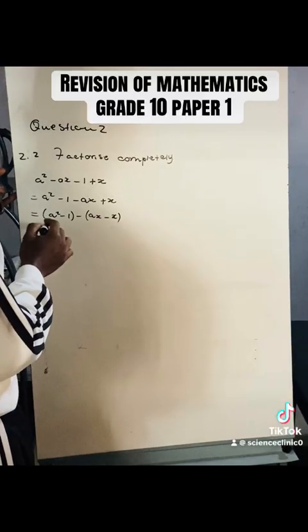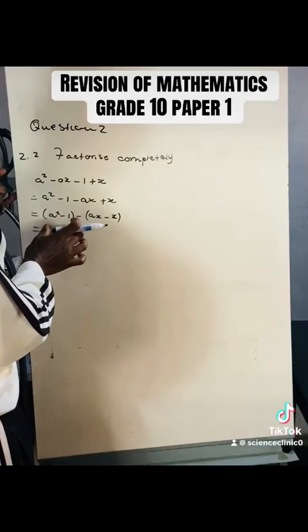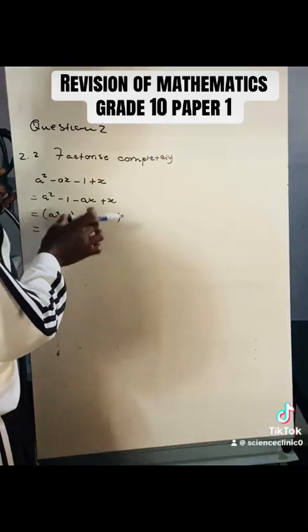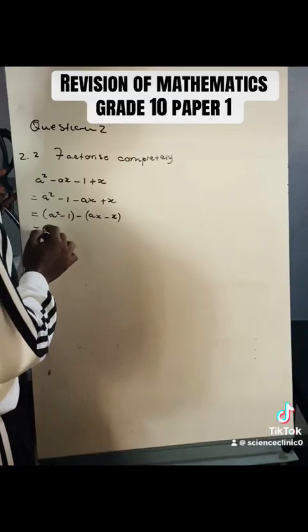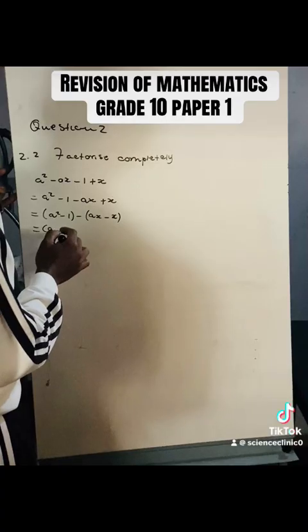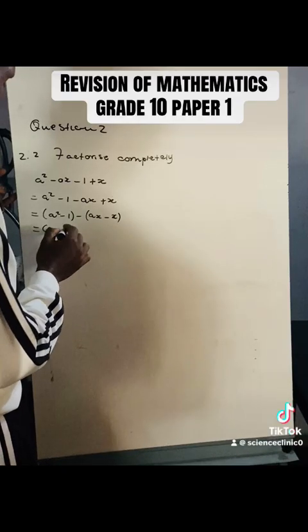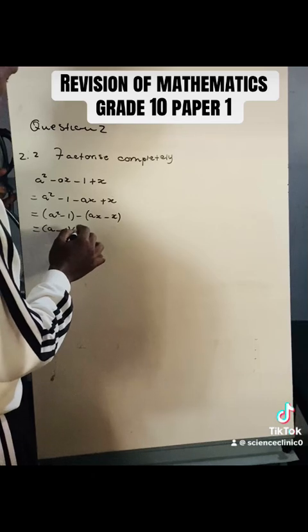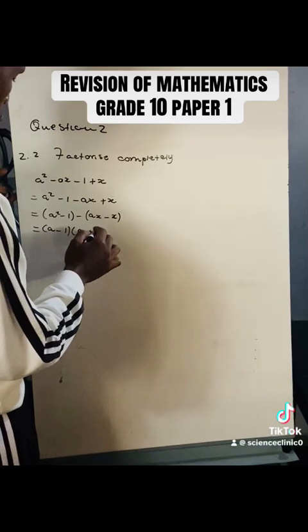We are going to make sure that we take out a common factor. On this side, we are going to open the 2 brackets. As we know, this is the difference of 2 squares. So we are going to have a minus 1 and a plus 1.